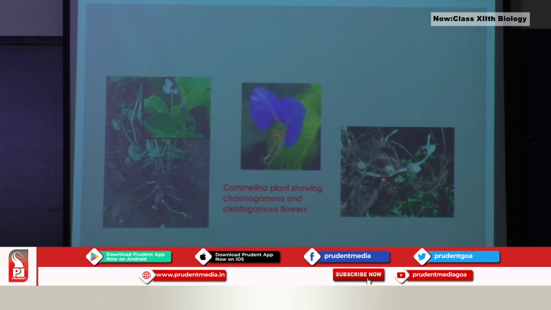The petals will not open to expose the anthers and the carpels. So here, it is definitely going to be autogamy or self-pollination. But the open flowers, though they are bisexual, can show self-pollination or they can also show cross-pollination. So Commelina plant bears two types of flowers, open flowers called chasmogamous flowers and closed flowers which are known as your cleistogamous flowers.